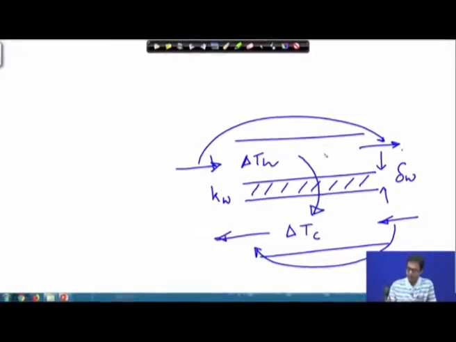Now, this change cannot be unlimited; it is restricted by some resistance, what we have termed as the hot fluid resistance, cold fluid resistance and the wall resistance, though we have neglected the wall resistance in some other cases.